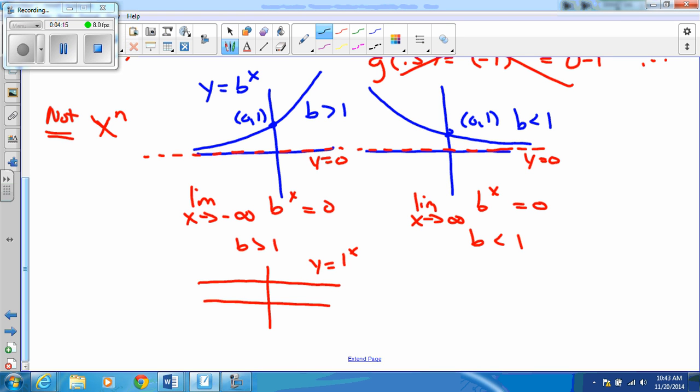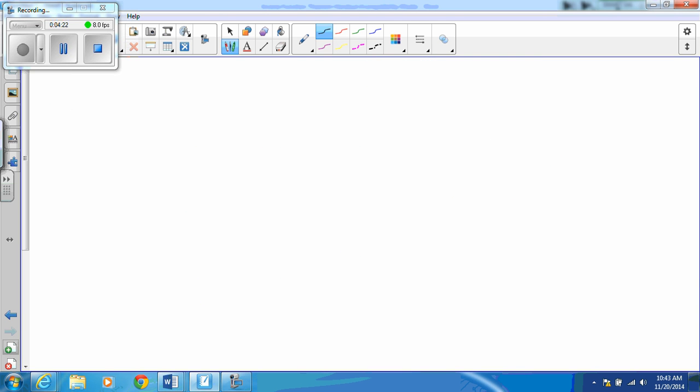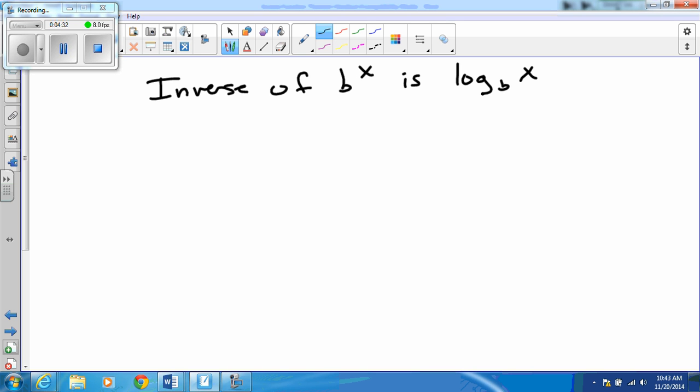Well, if b to the x is an exponential function, then what is its inverse? The inverse of b to the x is called the logarithm base b of x. And we will have a lot more to say about logarithms after Thanksgiving.